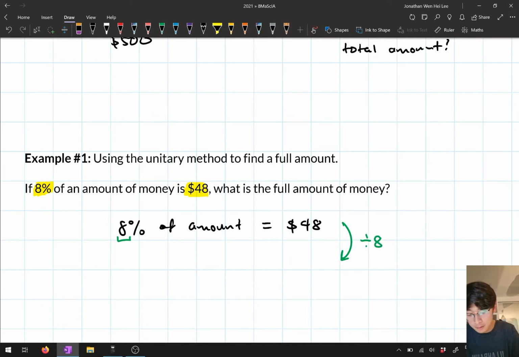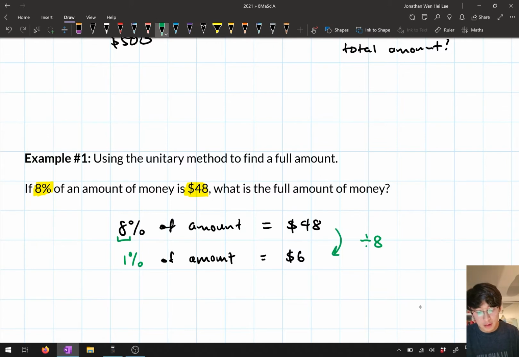So here I'm going to divide both sides by 8 so that I can get 1%. So 1% of amount is equal to, now 48 divided by 8 is just going to be $6. Okay, so I've divided by 8 for my first step. Now because I want to find the full amount, that just refers to 100%. So because I now have 1%, if I want to get up to 100%, I just need to multiply by 100.